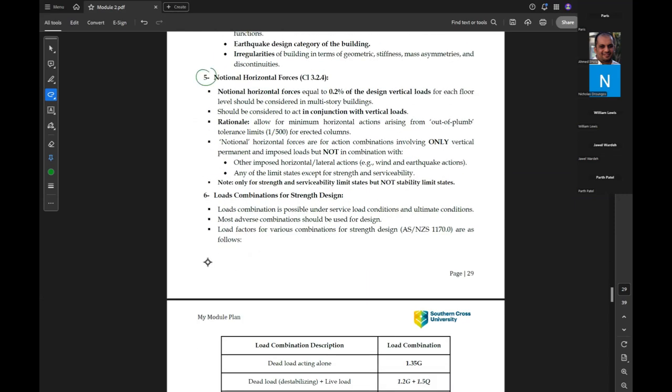Another horizontal force we might have is the notional horizontal force. The notional horizontal force equal to 0.2% of the design vertical forces for each floor level should be considered in multi-story buildings. And this should be considered in conjunction with vertical loads.